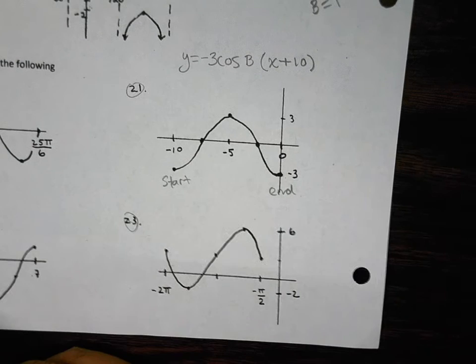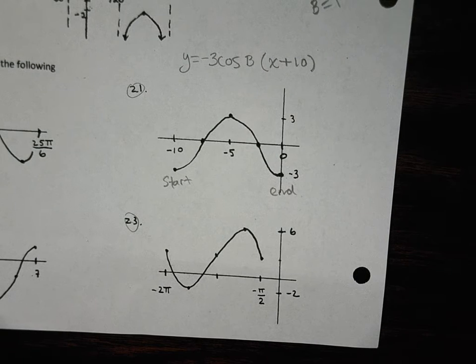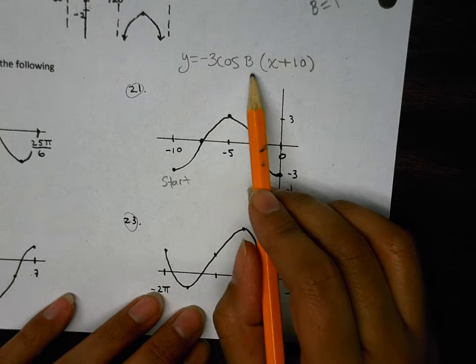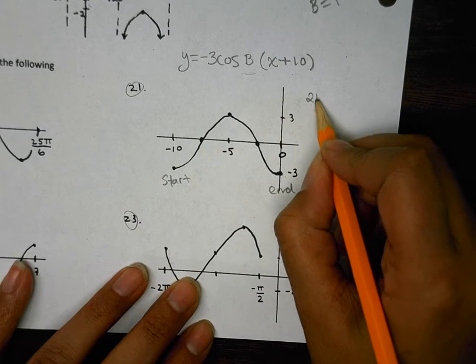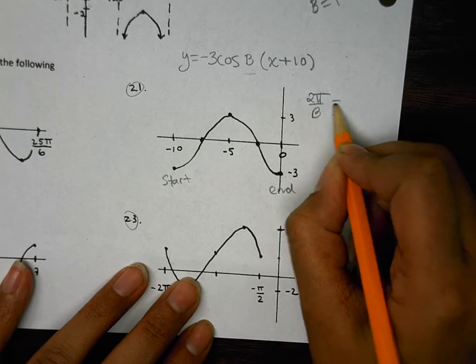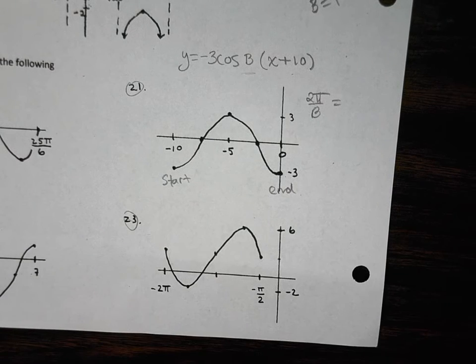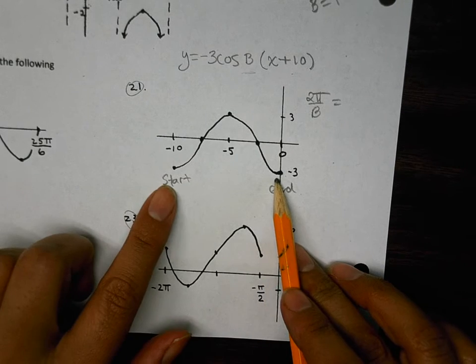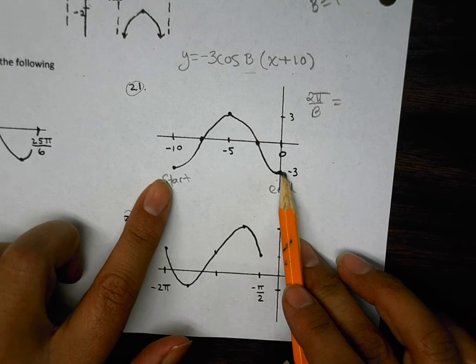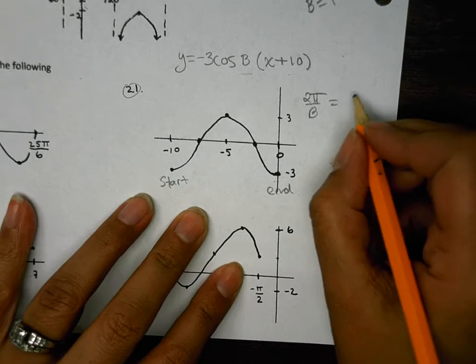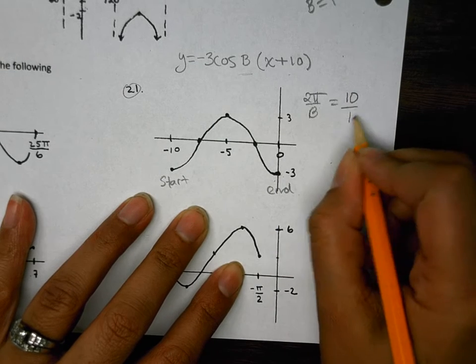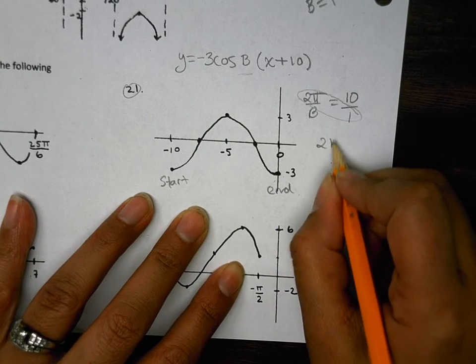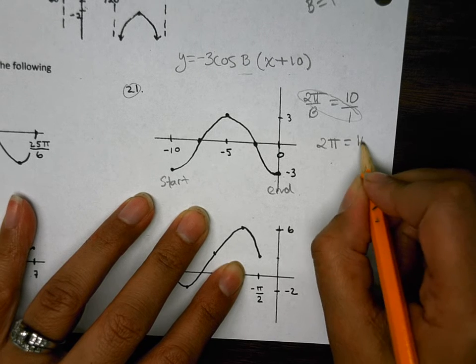All right, so what's the only thing left to find? The b. We figured out the horizontal shift already. Yeah, so 2 pi over b equals the period length, right minus left. What's 0 minus negative 10? 10. All right, cross multiply. 2 pi equals 10b.